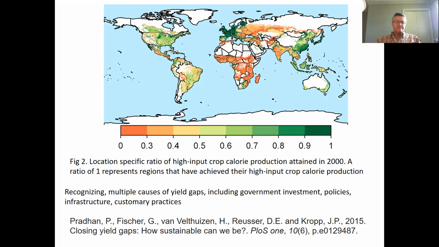We see that there are parts, countries like Ecuador and Latin America and many parts of Africa, some parts of India and the Middle East, where we do have yield gaps remaining, Madagascar, and more can be done to produce in those areas to increase production. So that's one of our opportunities, is to figure out why are there these yield gaps and what can be done about them. And what we see is that yield gaps depend on lots of things, right?